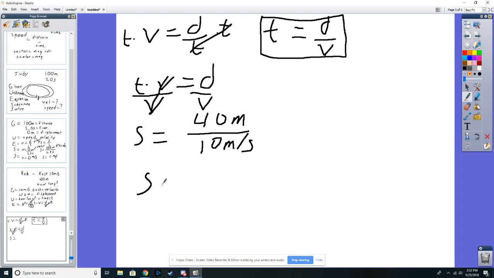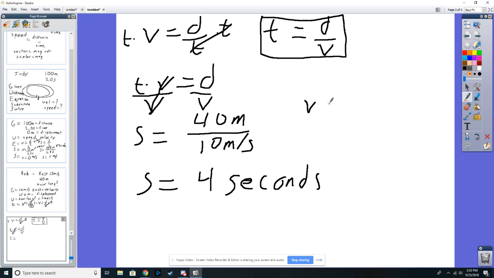And then we solve. So what's 40 divided by 10? Give it a minute. What do you guys say? 4 seconds. Again, I apologize, I'm writing with my mouse this week. 4 seconds. And that makes sense if you think about it.